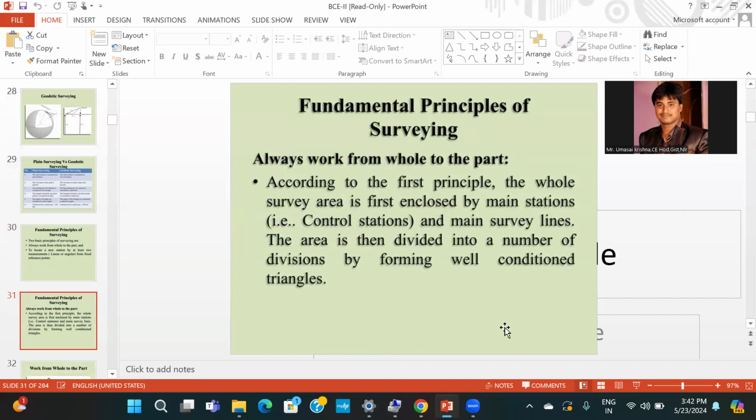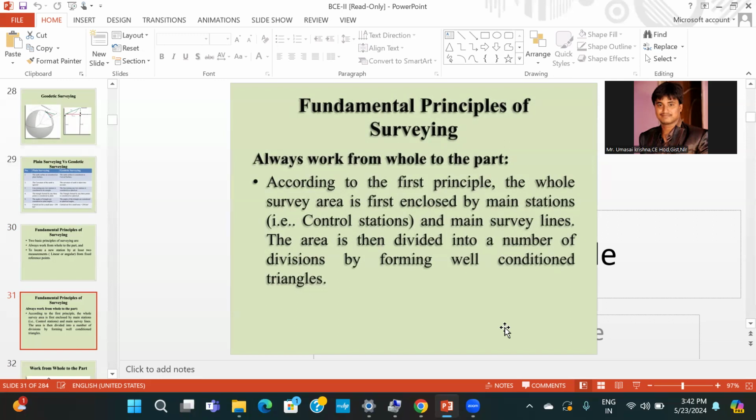The fundamental principles of surveying. One is always work from the whole to the part. So it should be enclosed by main stations. As you can see, if you want to construct a building, we have to consider the boundaries first. So we have to consider the whole, then we have to construct. So whole to the part.